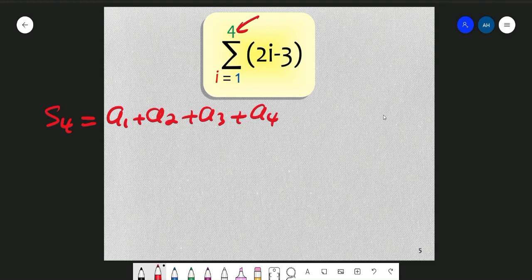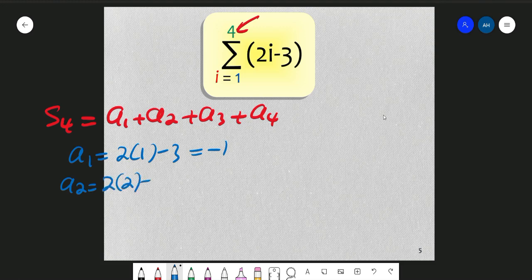What is A1? We have to follow the formula, 2i minus 3. First I equal to 1, so 2 times 1 minus 3, that is 2 minus 3 is negative 1. For A2, we substitute I equal to 2, so 2 times 2 minus 3, that is 4 minus 3 is equal to 1.